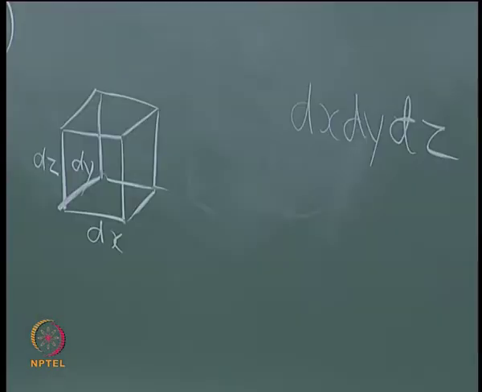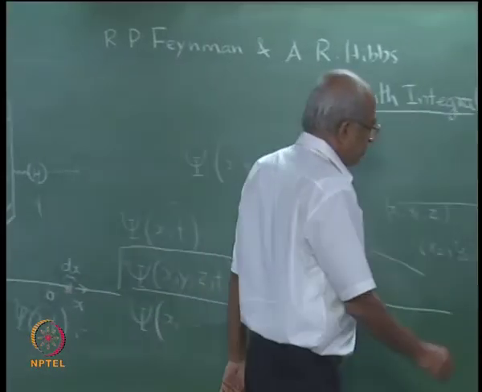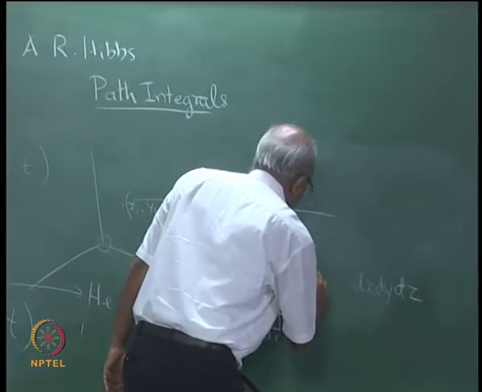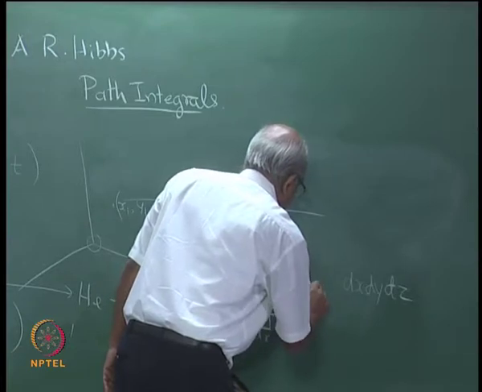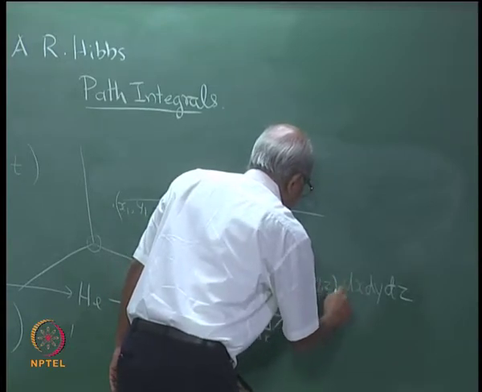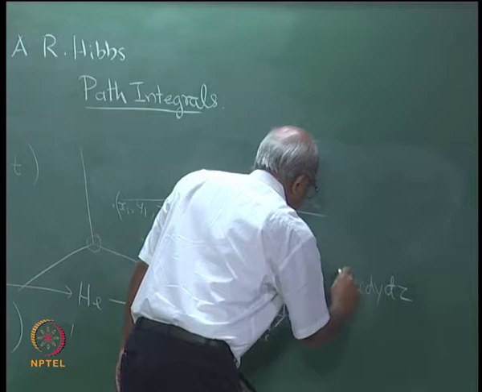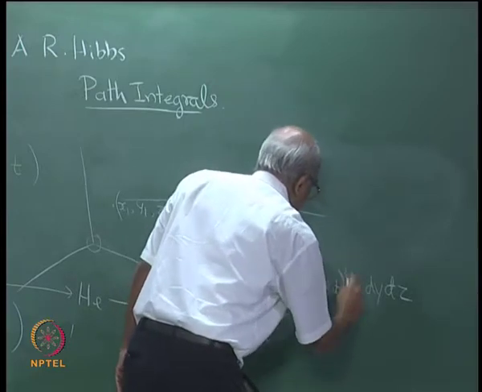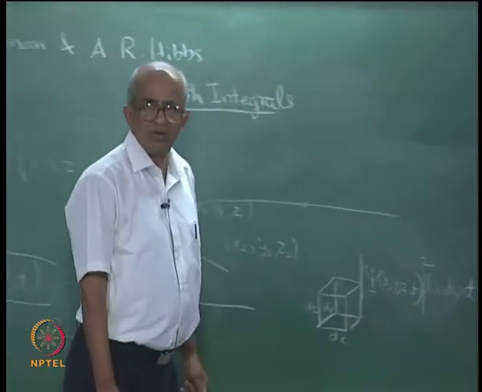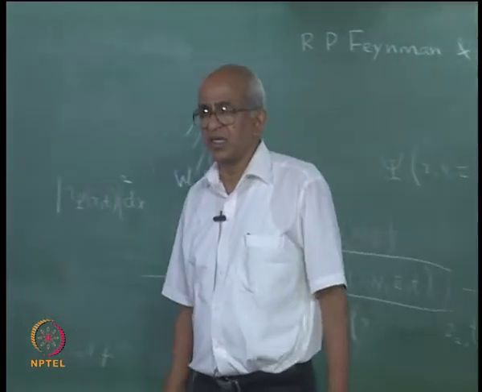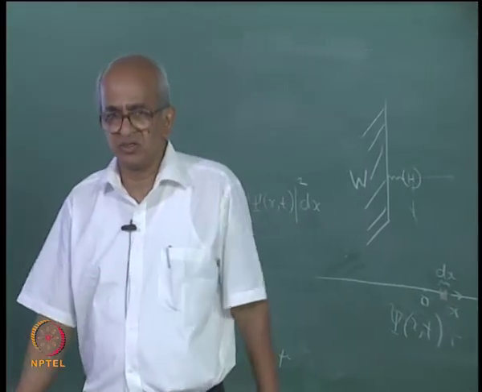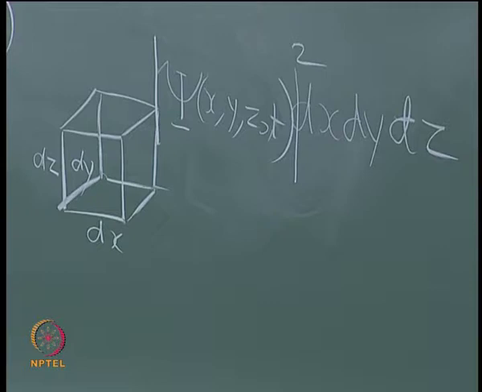So, it has to be proportional to dx, dy, dz, and then naturally you would also expect psi of x, y, z, t magnitude square. So, this will be the probability that the helium atom will be, not within this room, but within that small rectangular parallelopiped region.